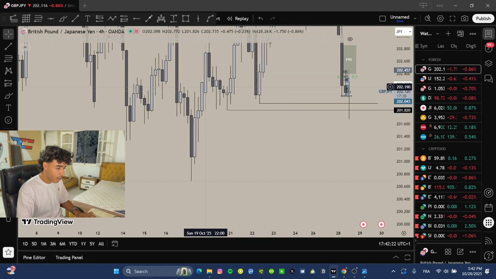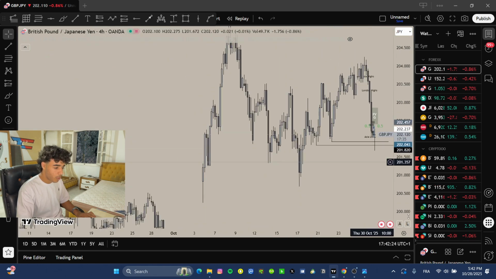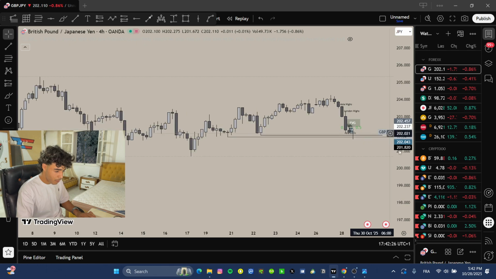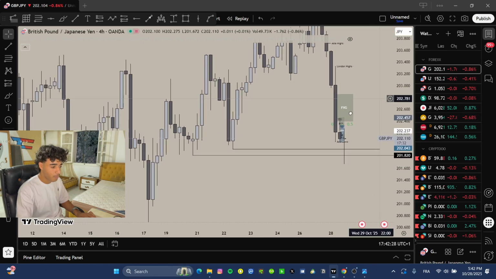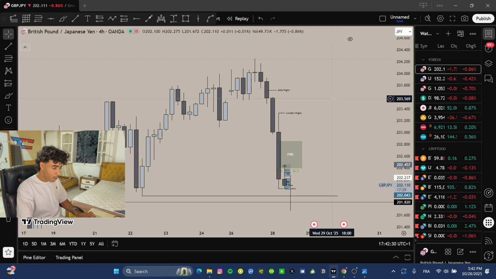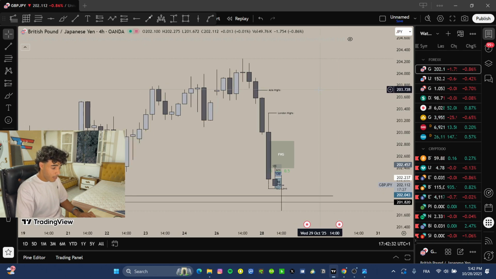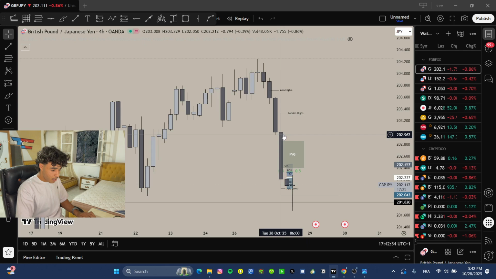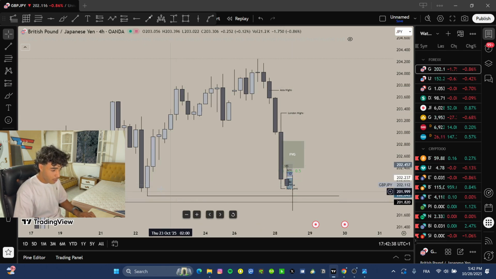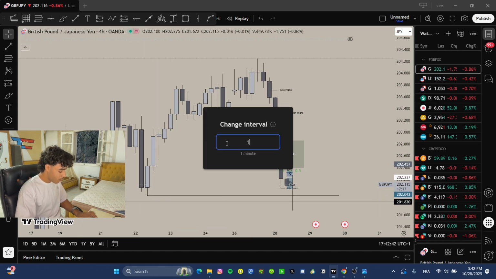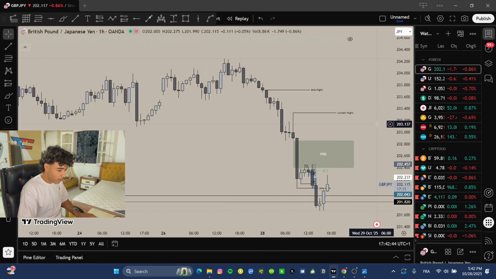I don't care about this overall bullish trend, but I see that the 4-hour is now bearish. On the previous sessions we did come low, but we didn't sweep out those lows. So next I scaled down to the 1-hour time frame.